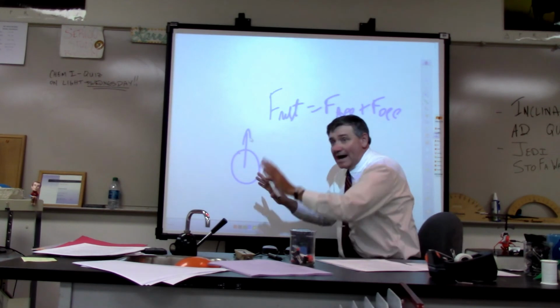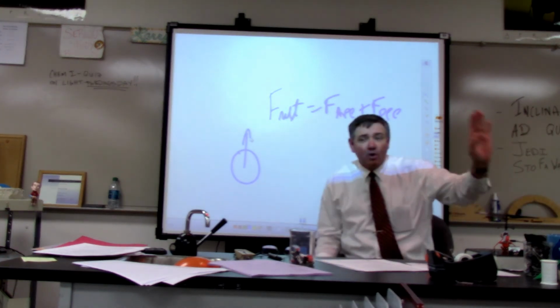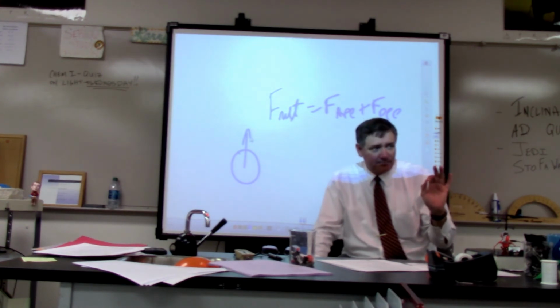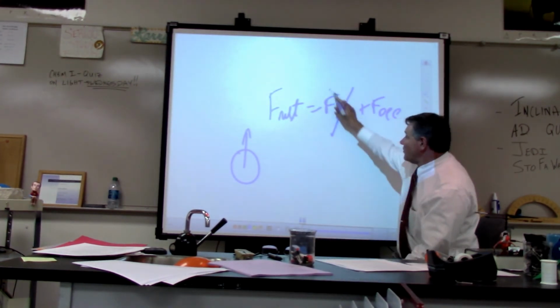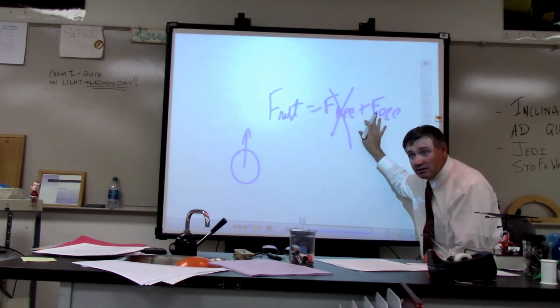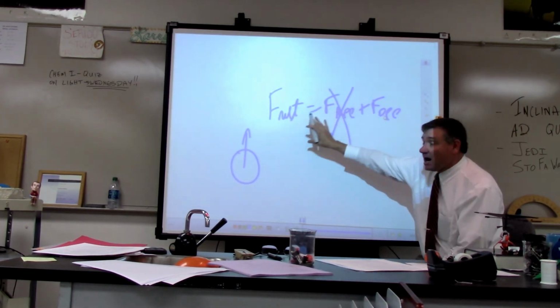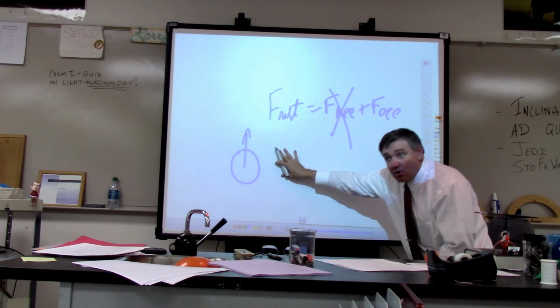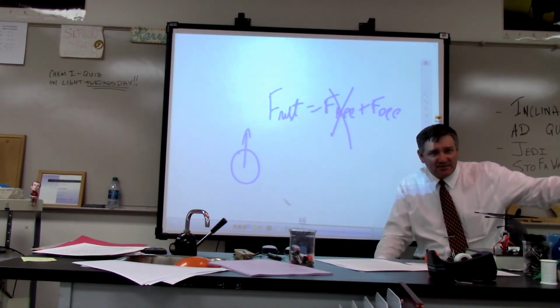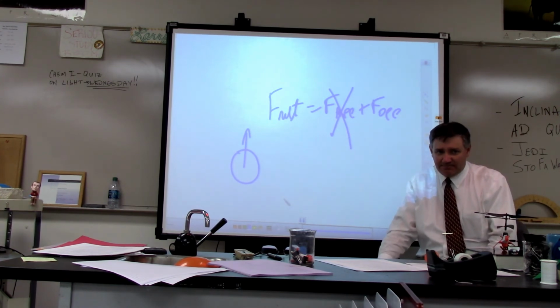But as soon as I let go of Hank, what's the only force left acting on Hank? Gravity. There is no FAP. The only force I have left is FOP, which now becomes my net, which becomes an acceleration of negative 9.8 meters per second squared.